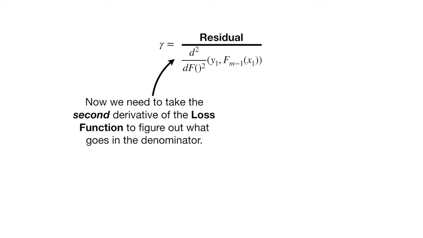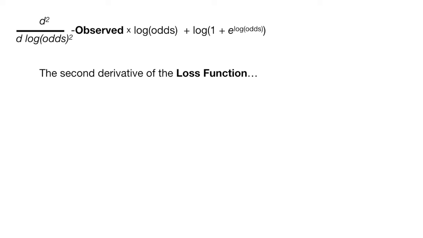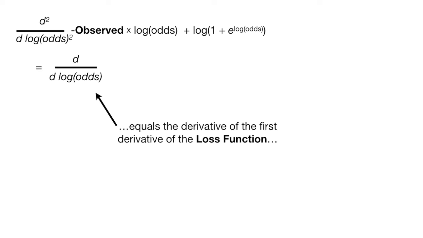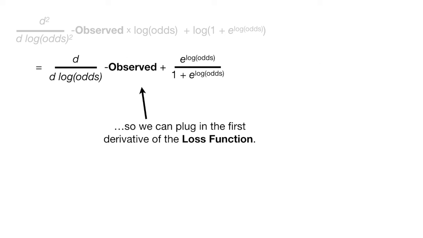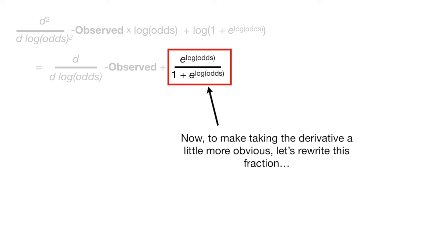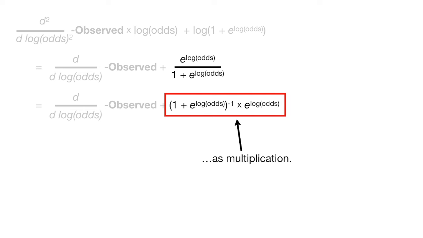Now we need to take the second derivative of the loss function to figure out what goes in the denominator. The second derivative of the loss function equals the derivative of the first derivative of the loss function. So we can plug in the first derivative of the loss function. Now, to make taking the derivative a little more obvious, let's rewrite this fraction as multiplication.